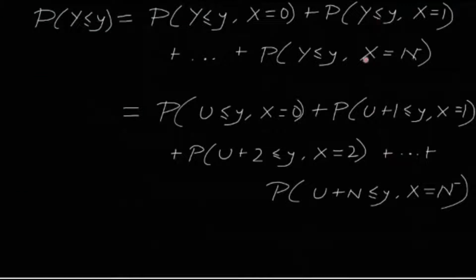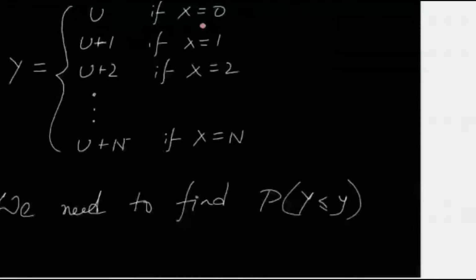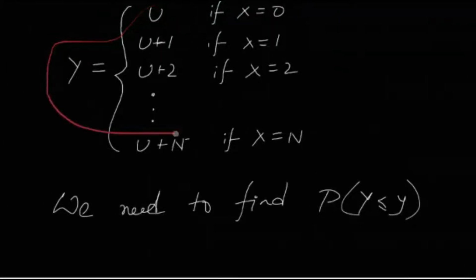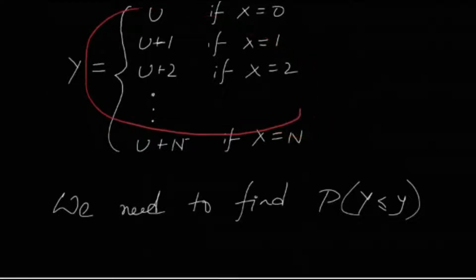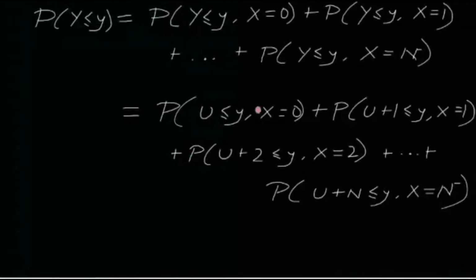Just replacing Y by U plus 1, we have probability U plus 1 less than or equal to y, and X is equal to 1. Again, for X equal to 2, we have Y equal to U plus 2. So just using the idea we just did, and doing case-wise analysis: if X is 0, then Y is U; if it's 1, it's U plus 1; if it's 2, it's U plus 2, and so on. Just replacing all of this.